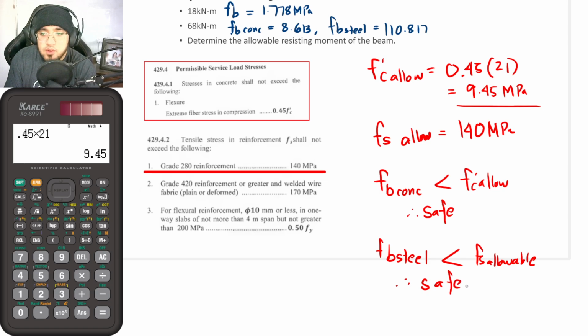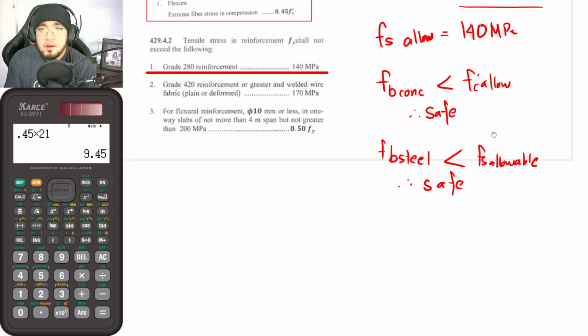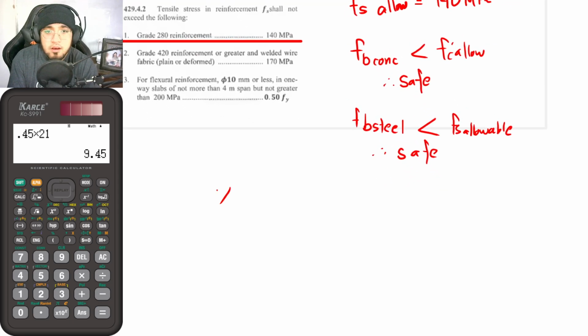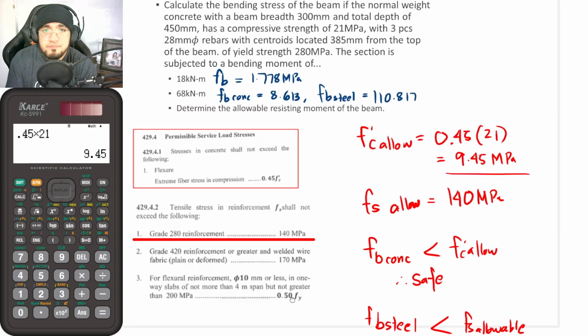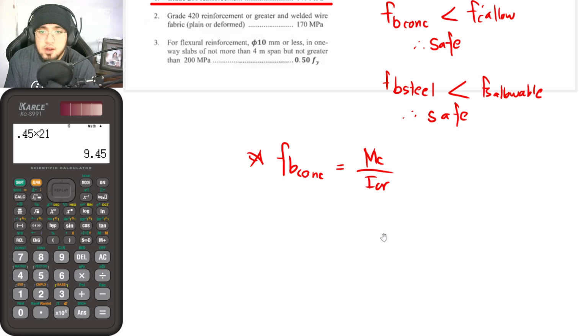Okay, so what is the question in question number 3? In question number 3, you are now to determine the allowable resisting moment. So meaning, guys, that we are now solving for the maximum moment that our beam could carry in WSD. So same thing, for concrete, FB concrete is now equal to MC over the cracking moment of inertia, assuming that our section would crack.